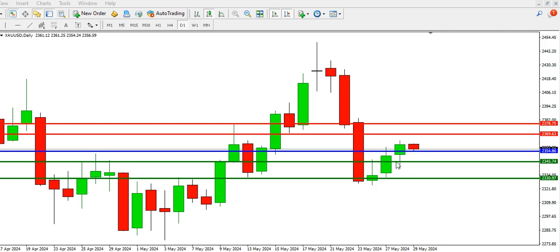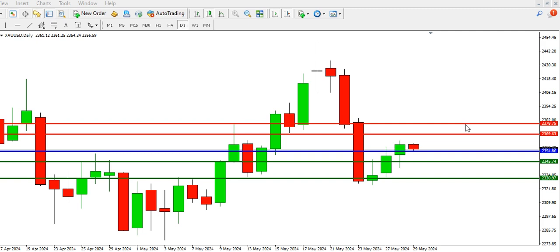You can call them three white soldiers. All right, so price might likely drop below and then form a wick like what we have around here, and then form a bullish pin bar. So that's the possibility on the daily time frame for pivot level analysis.